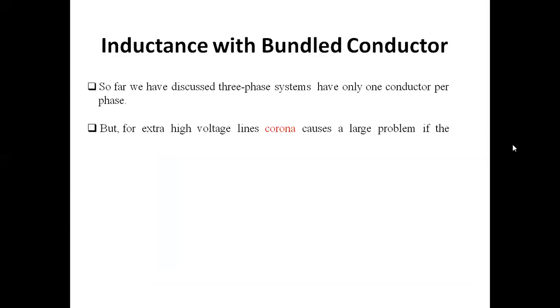But for extra high voltage lines, meaning above 220 kV, when this voltage is very high, there must be a problem due to corona. Above 220 kV line is called extra high voltage type line. Corona causes a large problem if the line has only one conductor per phase for this EHV line.